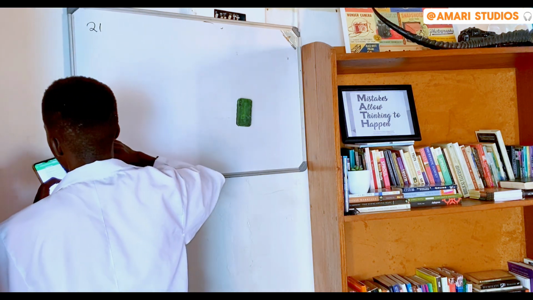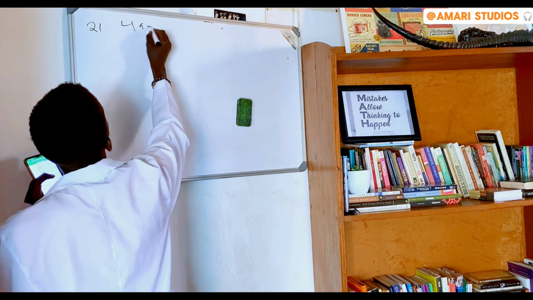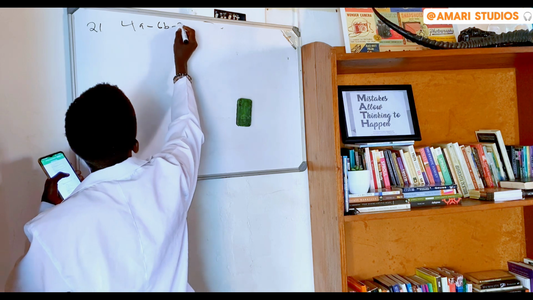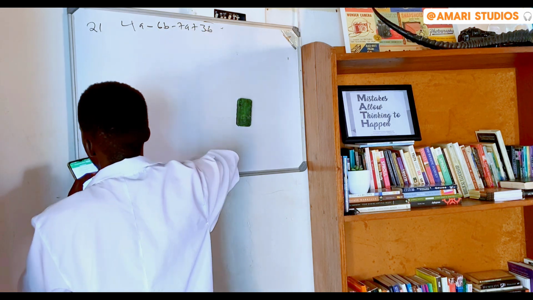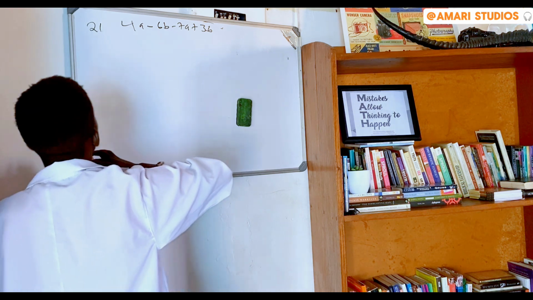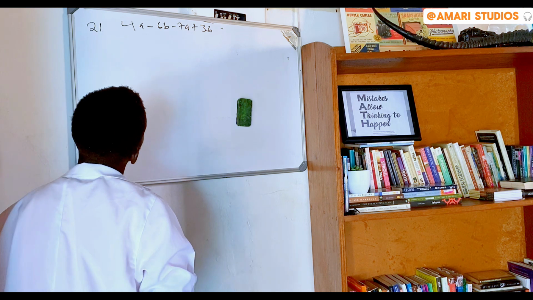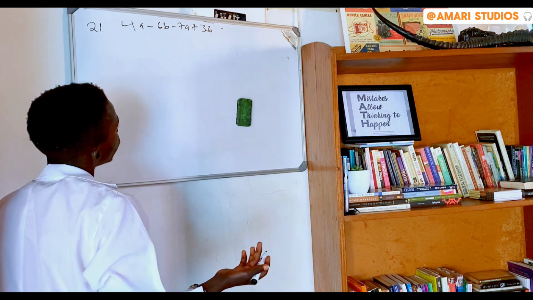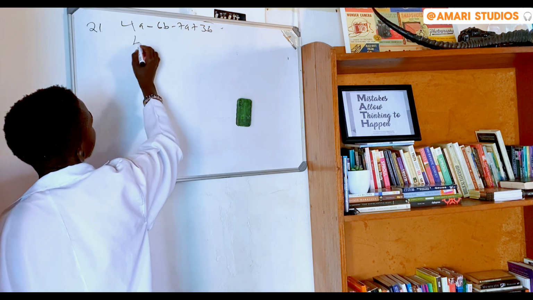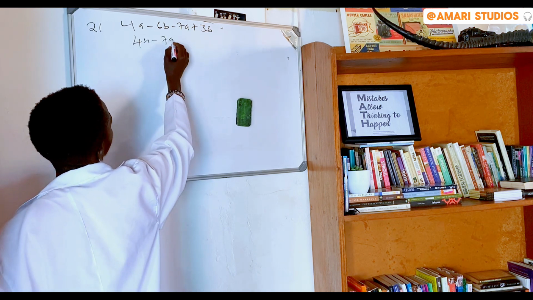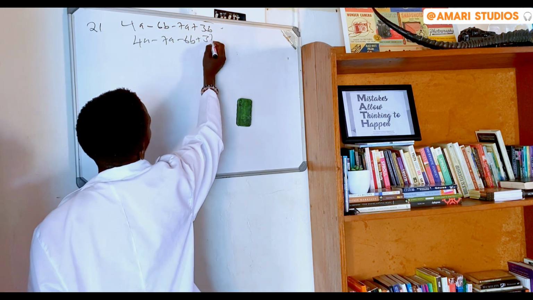Question 21 is saying simplify 4a minus 6b minus 7a plus 3b. The first thing that you're going to do is collection of like terms. So we are going to rearrange this into 4a minus 7a minus 6b plus 3b.